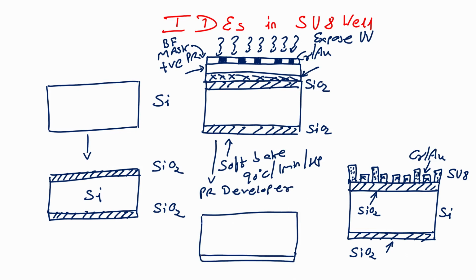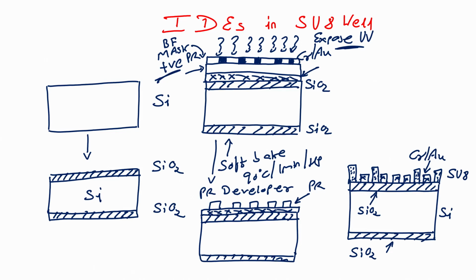We will see metal and then photoresist only in the area which was not exposed in UV light, because it is a positive photoresist, right.